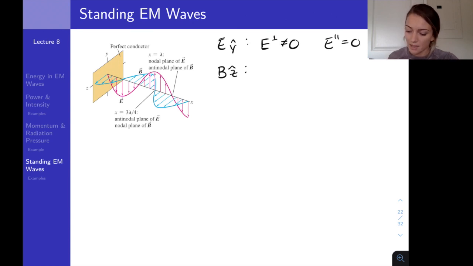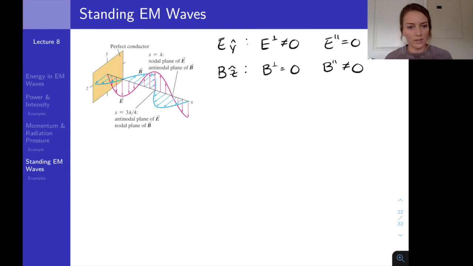Now the magnetic field is exactly the opposite. For magnetic fields, the perpendicular component is 0 at the surface of a conductor, but the parallel component is non-zero. So that's why our magnetic field, which is oriented in the z direction, can have a non-zero value at the surface of the conductor. It's because of these boundary conditions, which just say that the different components of the electric and magnetic field interact differently with a conductor.